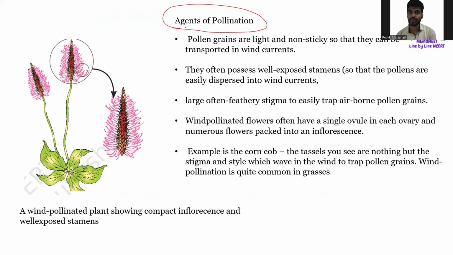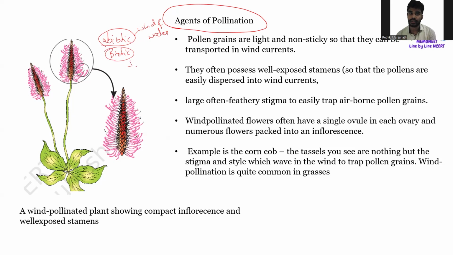Next we will move to the agents of the pollination. When I'm talking about the agents of pollination, it is through either abiotic or biotic agents. When I'm talking about abiotic, it is through the wind as well as water.